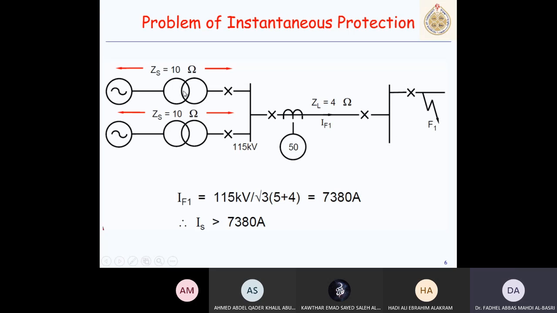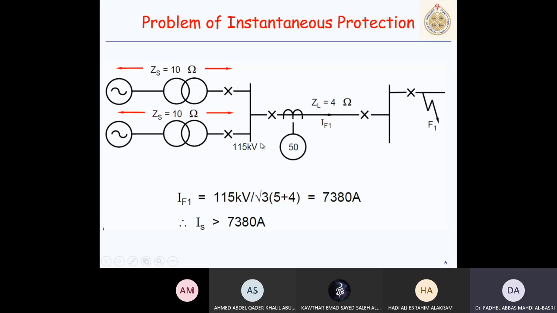So for a fault at F1, if we have 10 in parallel with 10, the equivalent will be 5 ohm, plus 4, it will be 9 ohm. So if I take the phase voltage, 115 over √3, over this impedance from the source to the fault point, that gives me the fault current. This is the three-phase fault current.